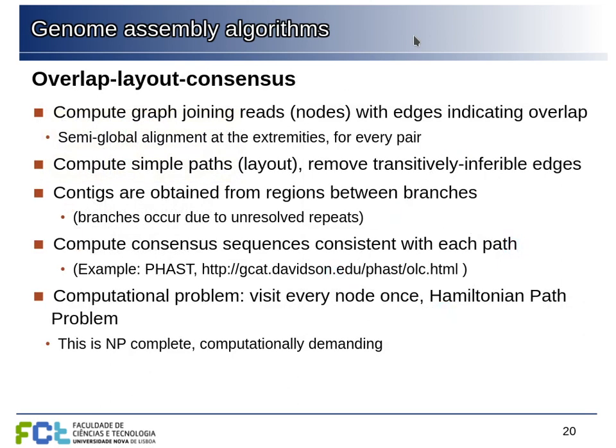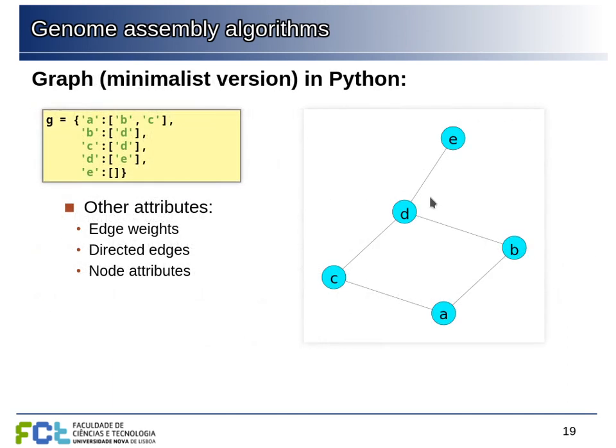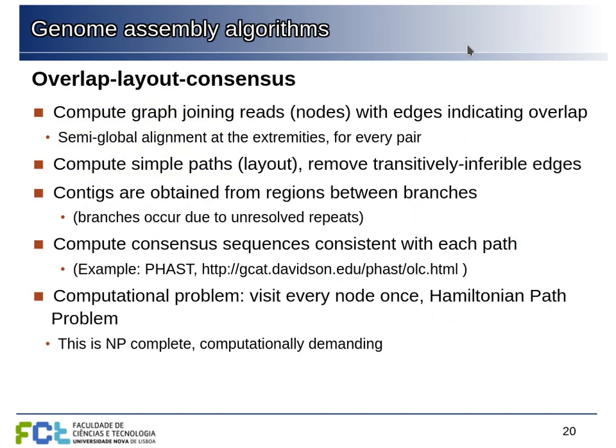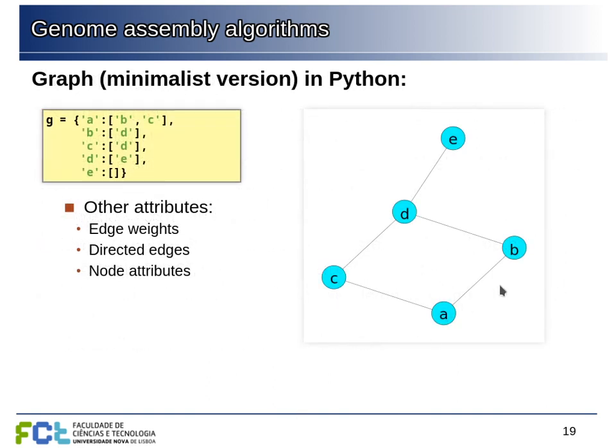So let's go back to the overlap layout consensus. We have a graph like this where each node represents a sequence, a part of a sequence that we read, and these connections represent the overlap. And now what we need to do is to compute a path through the whole graph.